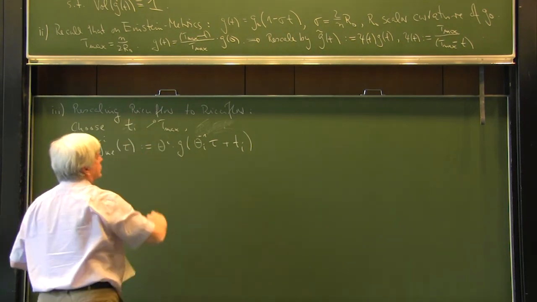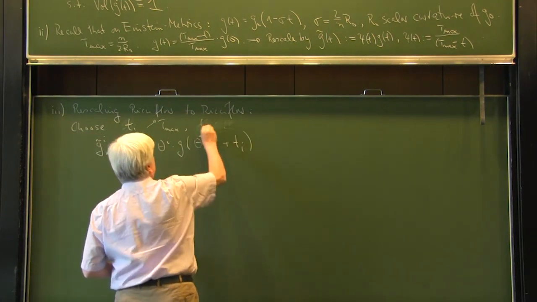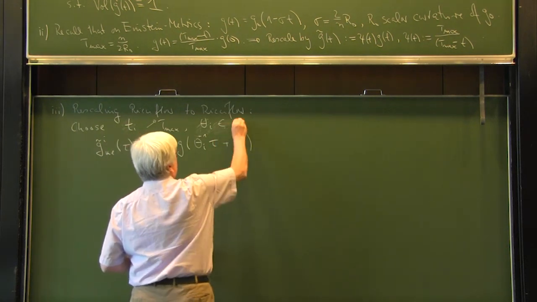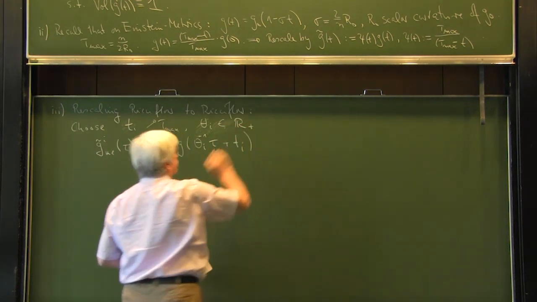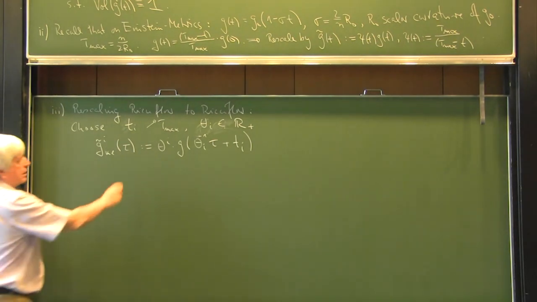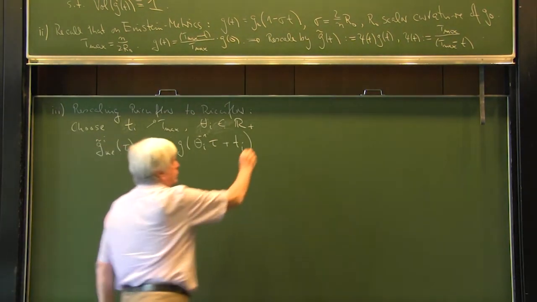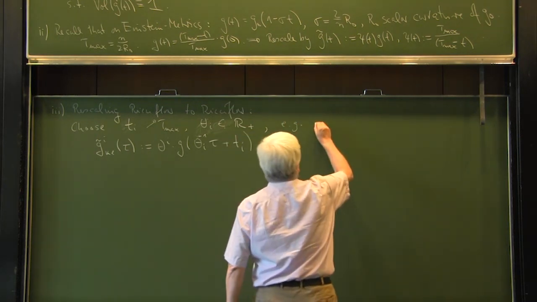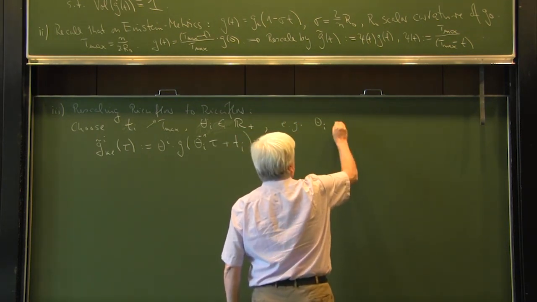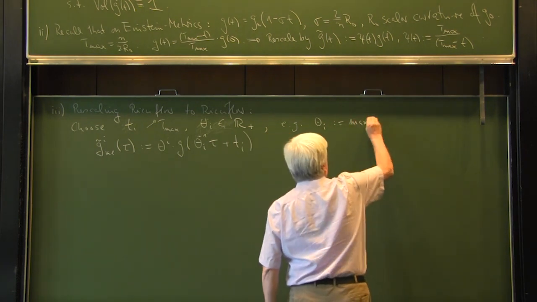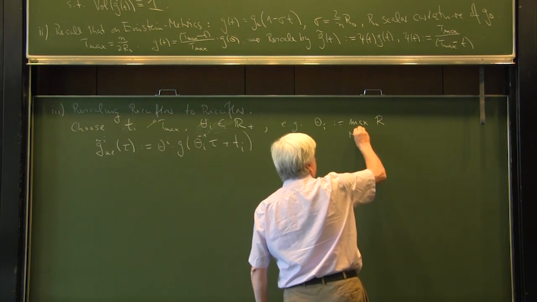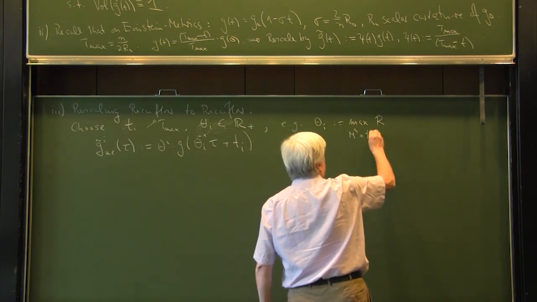You take Ti to T max and choose the factors theta I in R plus. So you take factors to rescale. Typically, you would choose, e.g., theta I to be the maximum of the scalar curvature over the manifold at time Ti.